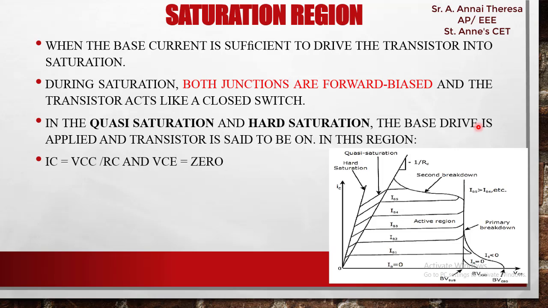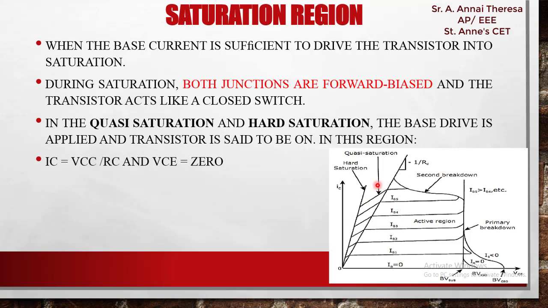And next one is hard saturation. By increasing the base current, the BJT is pushed into this hard saturation from the quasi-saturation region. In this region also, the resistance offered is very less, even less than the quasi-saturation region.